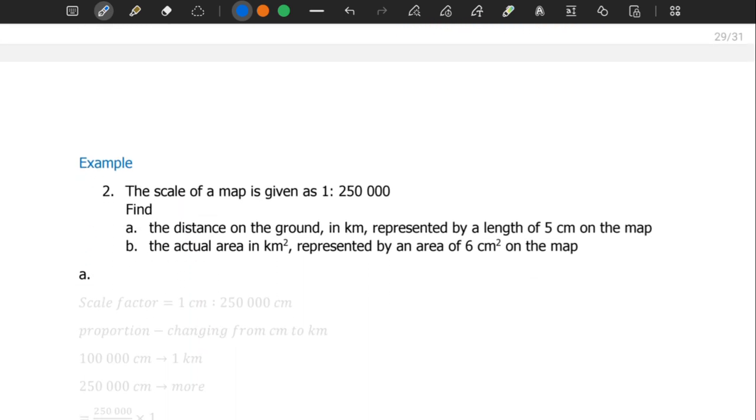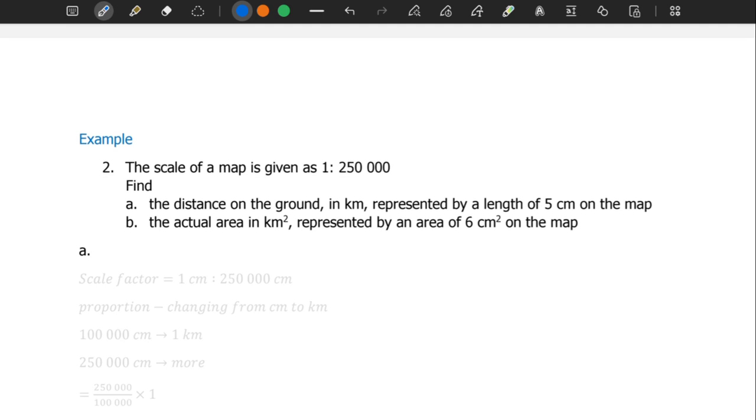The next question says the scale of a map is given as 1:250,000. Find A, the distance on the ground in kilometers represented by the length of 5 centimeters on the map. So again, we want the distance on the ground. We're given the one on the map.